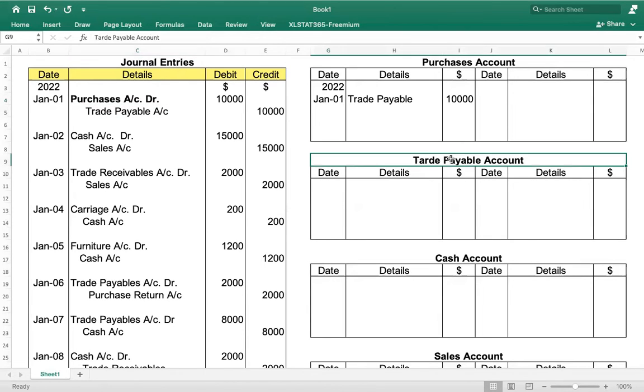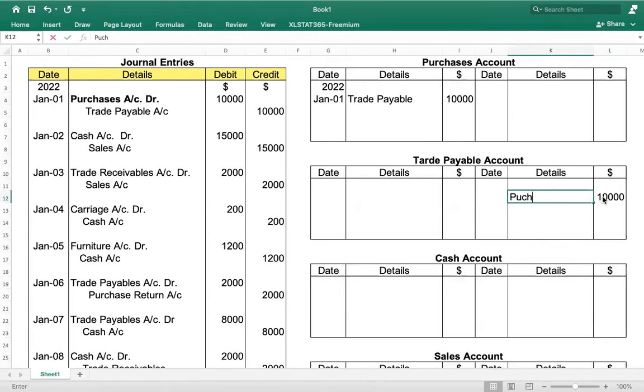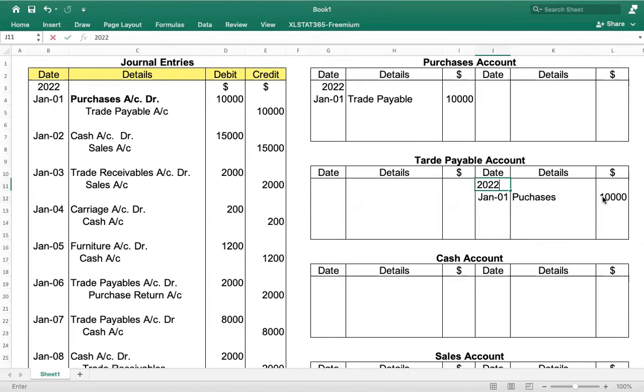So in the trade payable account, credit side, I will write 10,000. The name of the account will be purchases, Jan 1st, same date. First entry is completely posted.